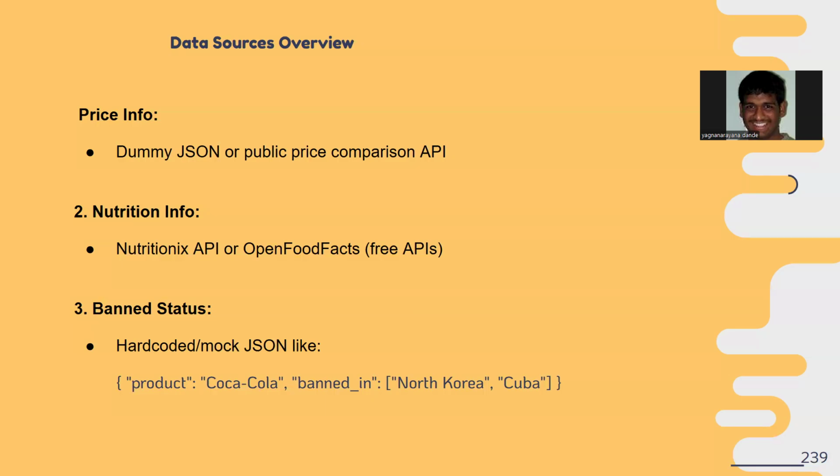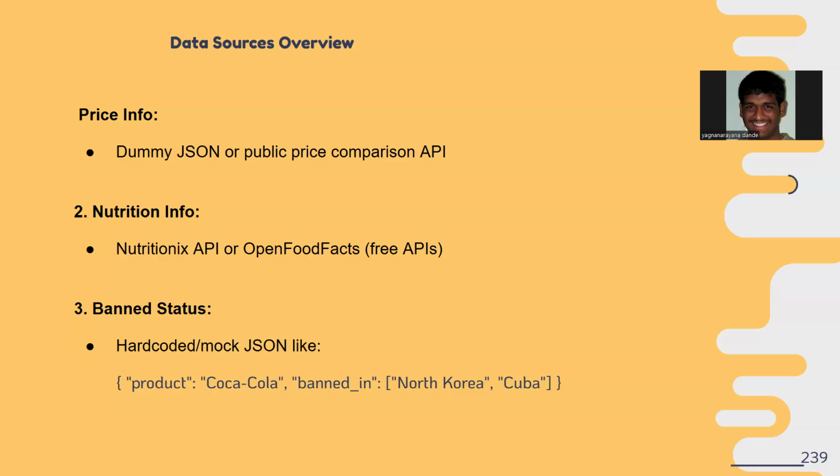Most of the APIs will have this kind of service where they give sample API calls, like 3 or 4 calls for free. Then you need to pay for it. So the Nutritionix API will give the nutritional values of any given product.